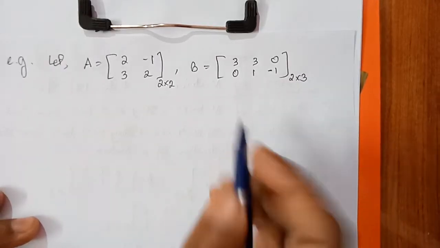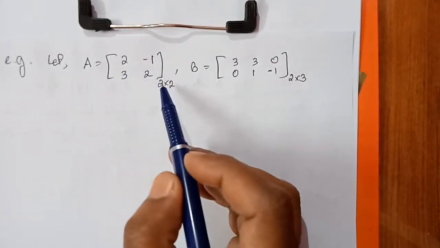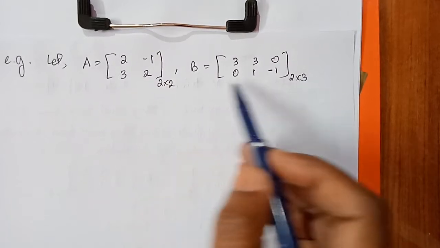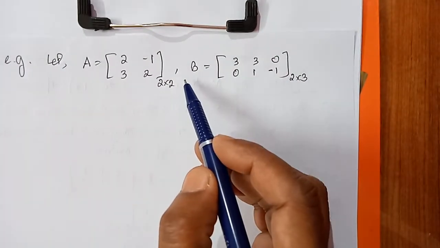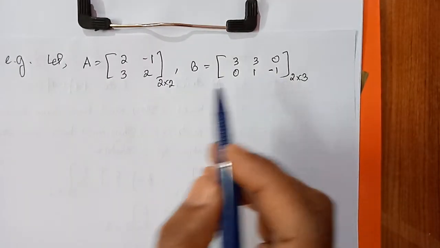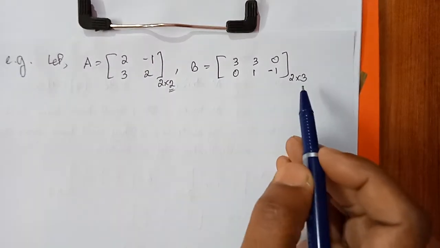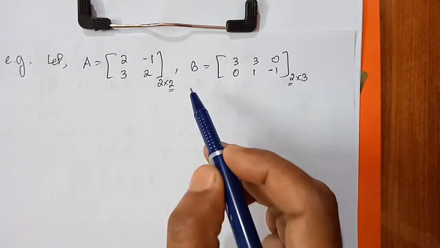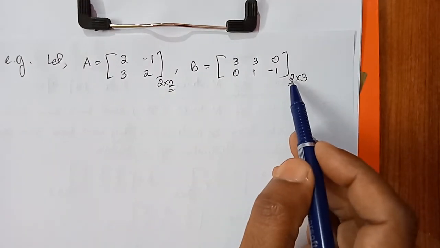Now take two matrices. Matrix A has order 2 by 2, and matrix B has order 2 by 3. Now here you see, if you want to multiply these two matrices, you must check the number of columns of the first matrix and the number of rows of the second matrix.